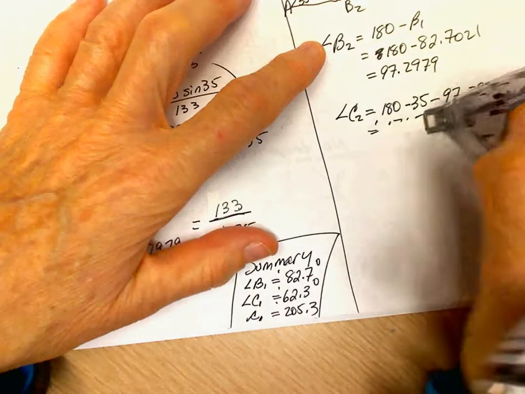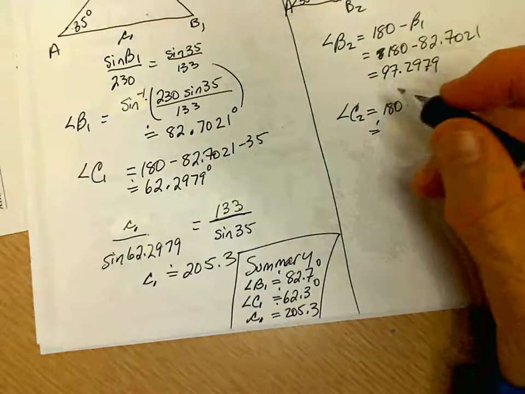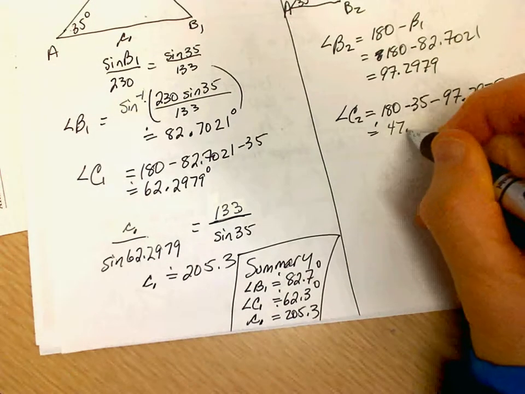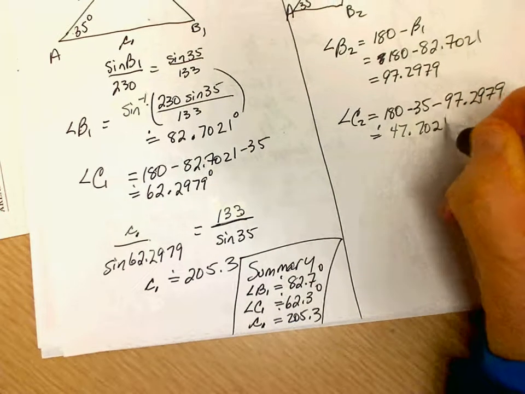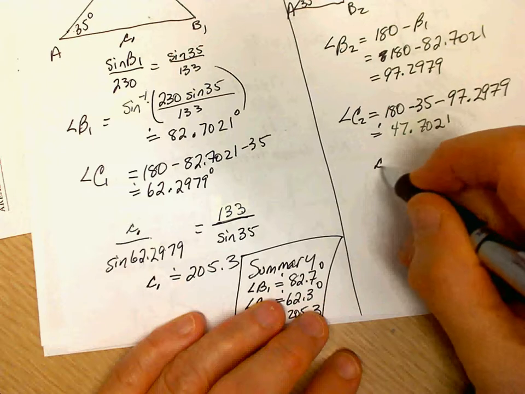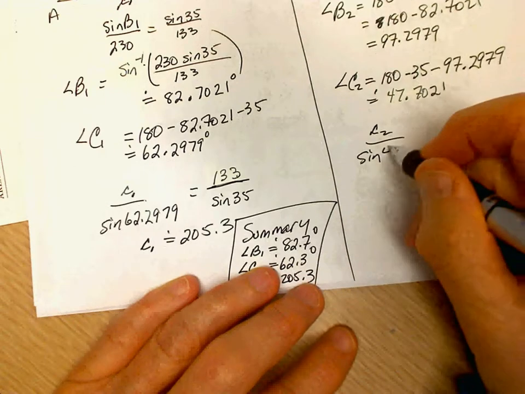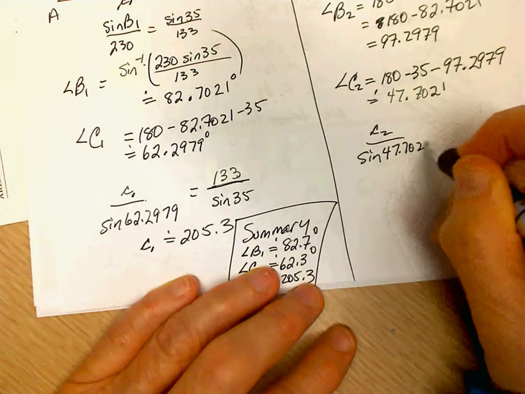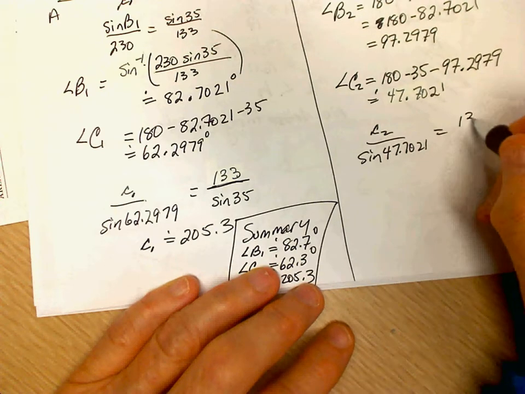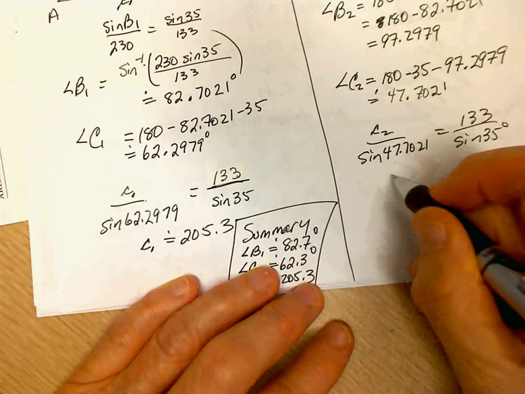I'm sorry. That should be 47.7021. My eye jumped to the next line. So let's do little c2 over sine 47.7021 is equal to 133 over sine of 35. So c2 is approximately 171.5.